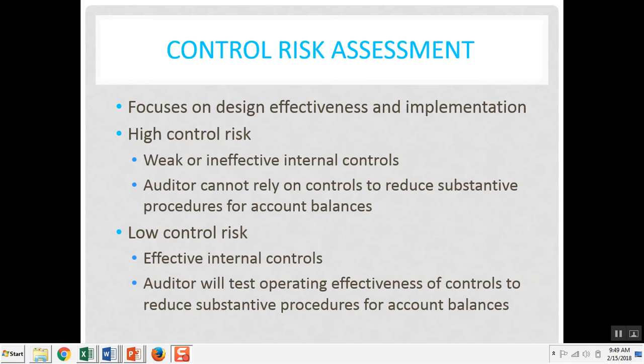If you have low control risk, that means your controls are working effectively, and you can test the operating effectiveness of controls, therefore reducing your substantive procedures for account balances. So basically, if your controls are working appropriately, and you've tested that they're working as intended, then you have less audit work to do in terms of substantive procedures. And we'll talk about this again.